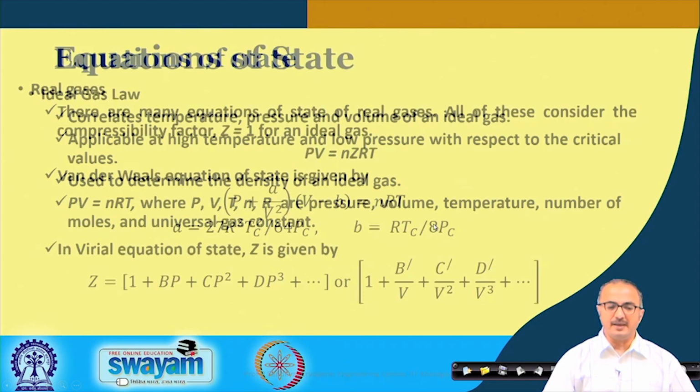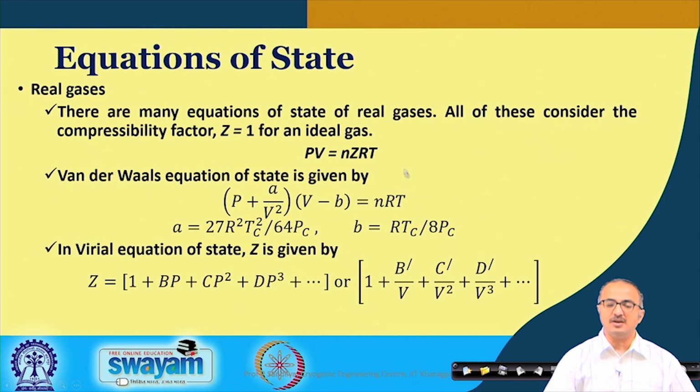Next we come to real gases. For real gases again there are various approaches. One of the simplest approaches is to use PV = nZRT. Here we have put another factor to account for the non-ideality, that is the compressibility factor or supercompressibility factor, this Z value.